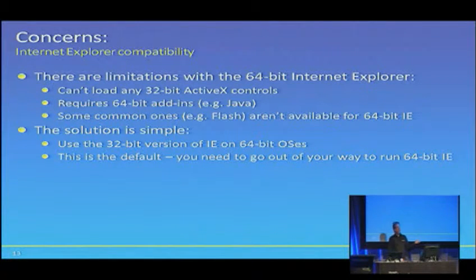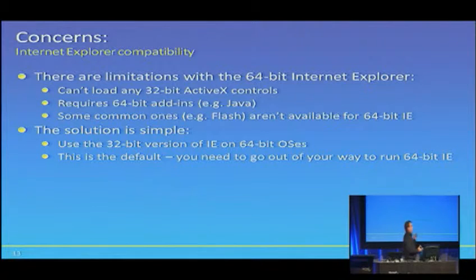If you run the 64-bit version, which is available on the Start menu, it can't load any 32-bit ActiveX controls. It can't run any 32-bit add-ins. It requires all 64-bit to do its thing. Some things like Adobe Flash aren't available for 64-bit IE.